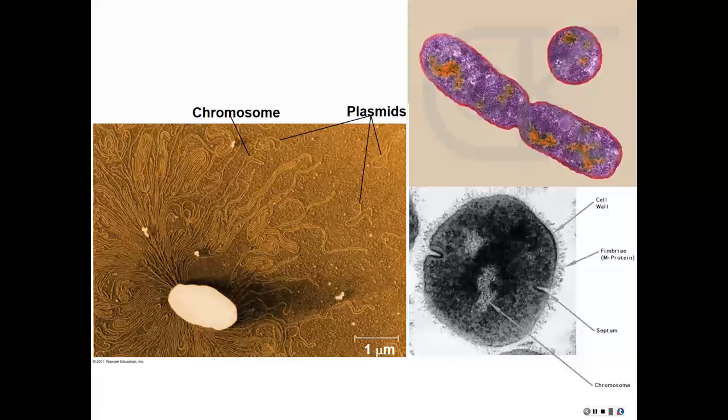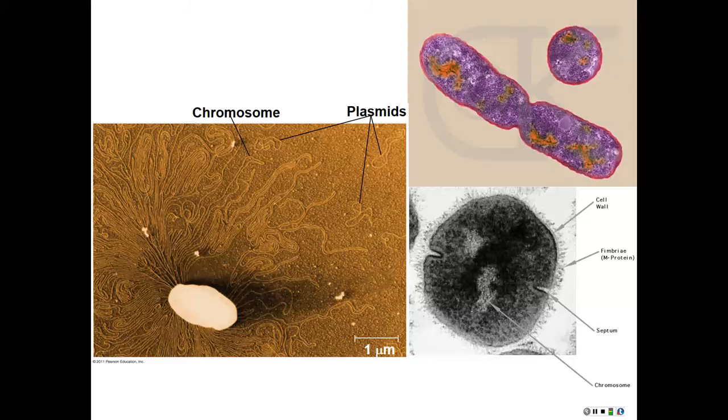So let's talk a little bit about the characteristics of prokaryotes. Okay, we've already talked about the fact that they are unicellular, that they don't have a nucleus or membrane-bound organelles, so that's a given. What else do we have going on with the prokaryotes? They divide by a process called binary fission. This is not the same as mitosis, which is what a eukaryotic cell would do.